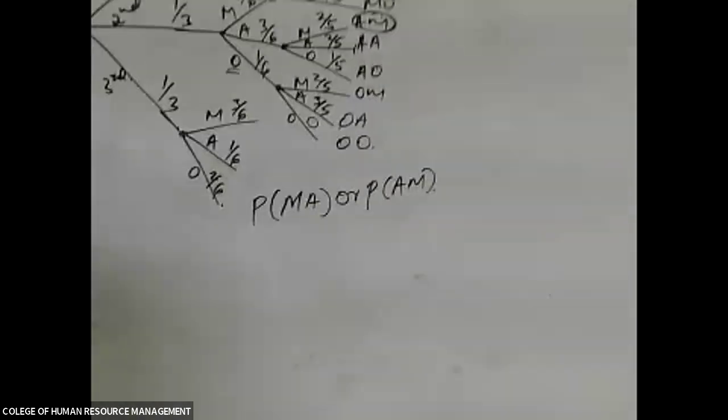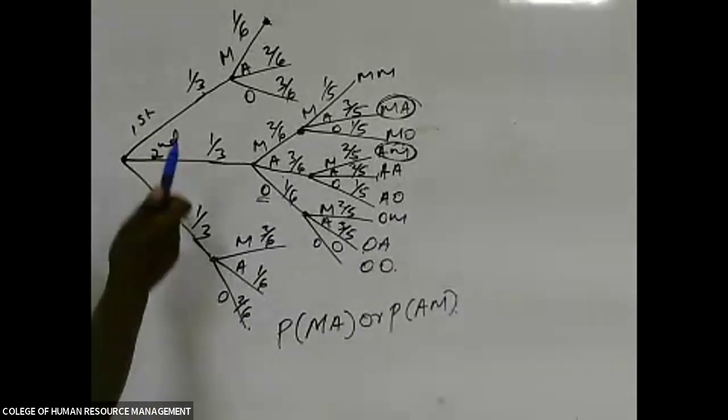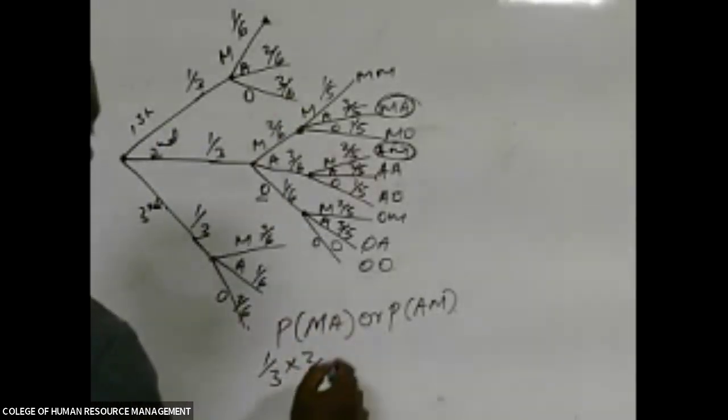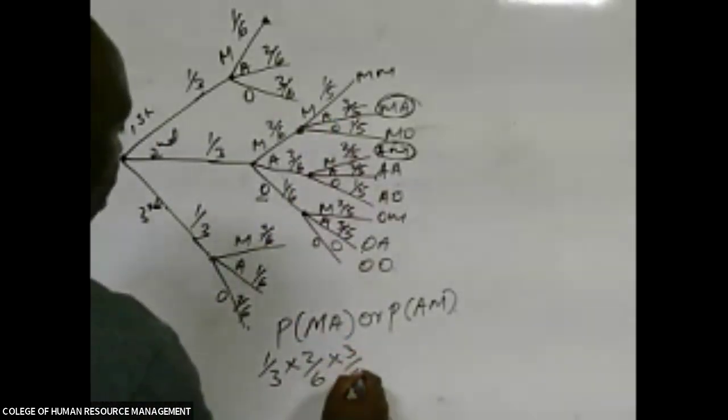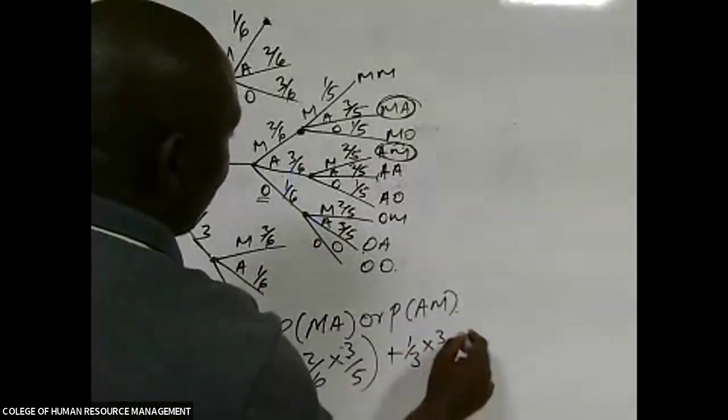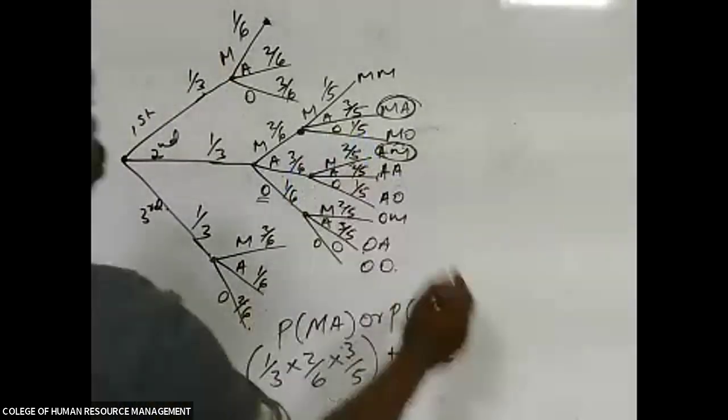To multiply those kind of cases. Remember, it is the second basket, so you do 1/3, the probability of second basket, times the probability of mango here, which is 2/6, times the probability of apple, which is 3/5. Plus the probability that is the second basket, 1/3, times the probability of an apple, 3/6, times the probability of a mango, 2/5.